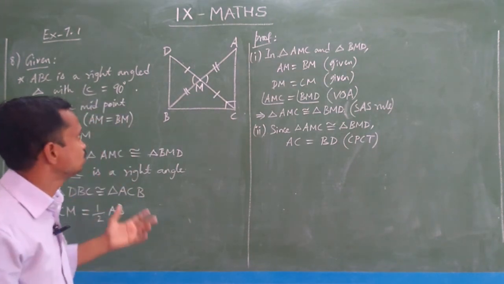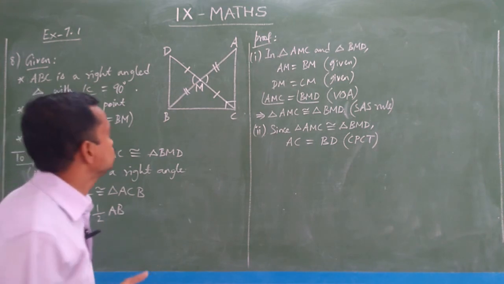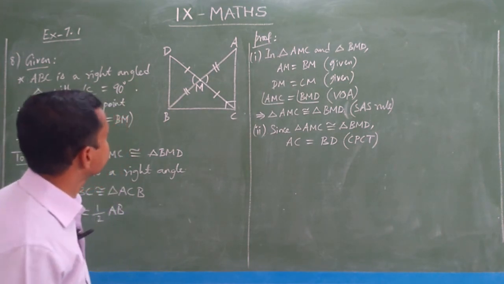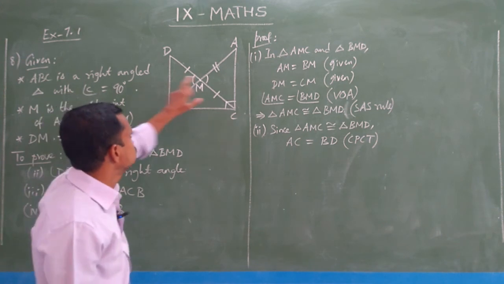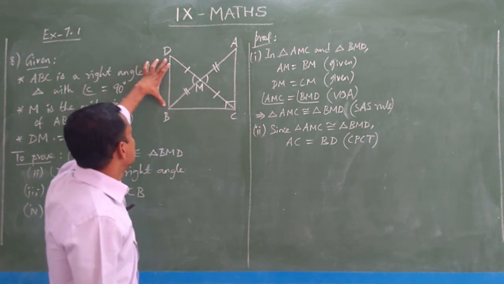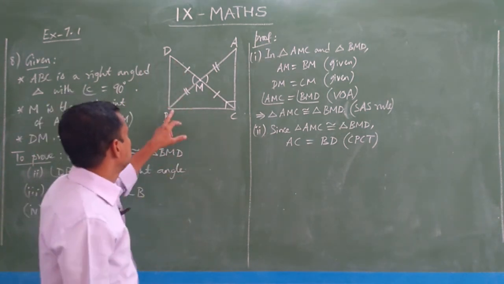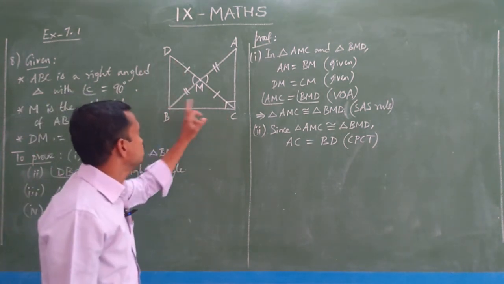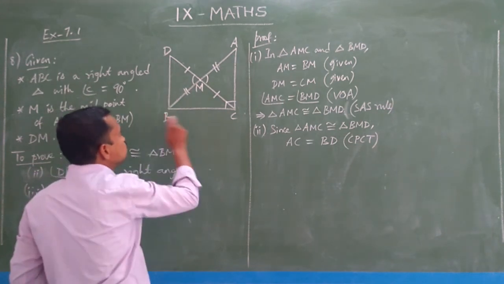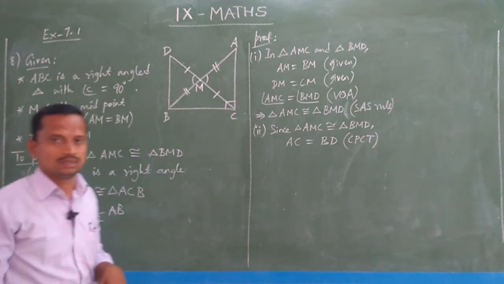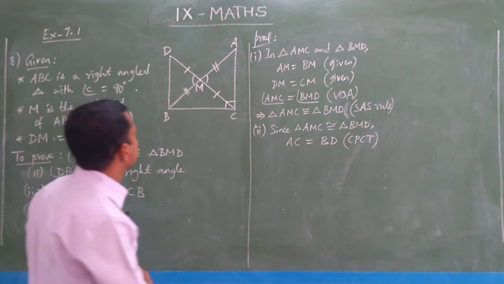Like that, we have to apply the lines and angles concept. So we have to say these two lines, that means AC and BD, are parallel. Then only we can say these two are co-interior angles. DBC and ACB are co-interior angles.